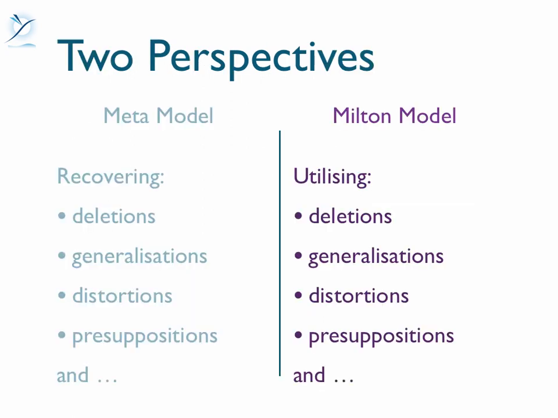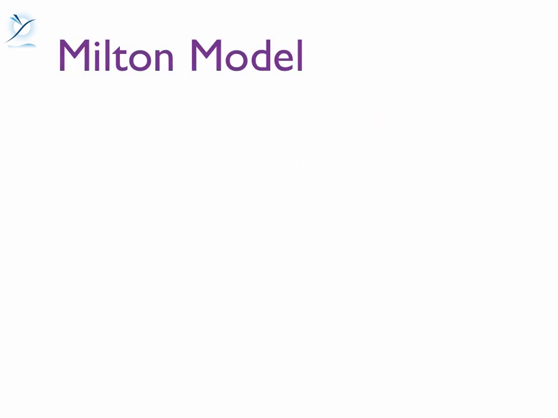Now, before we look any further at the meta model, let's go ahead and look at the other side of this, the Milton model, utilising deleted information or deletions, generalizations, distortions, and presuppositions. And all of this is done with the intention of directionalizing the unconscious while occupying and distracting their conscious mind.